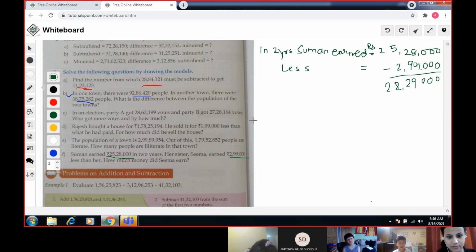So in the last we will write Seema earned equals to rupees 22,29,000.